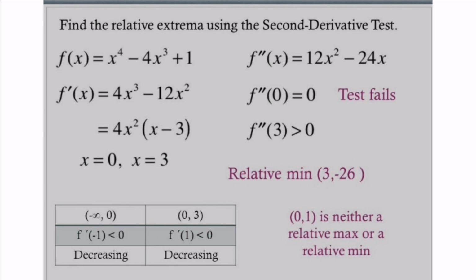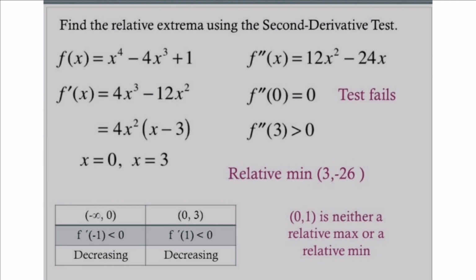Now if we choose minus 1 as a test point from this interval and 1 as a test point from this interval, then clearly the slope in both intervals is less than 0.